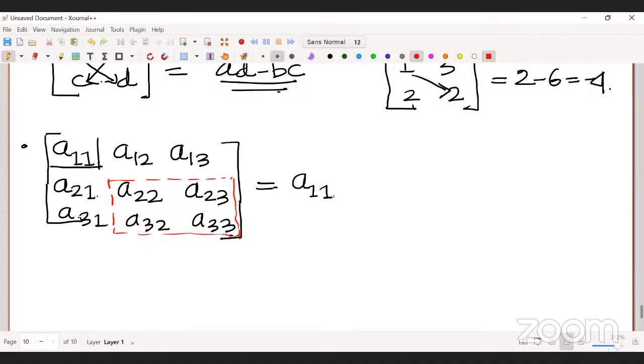You ignore this row and this column, so you have a11 times the determinant of the submatrix. The determinant of this submatrix is a22 times a33 minus a23 times a32.